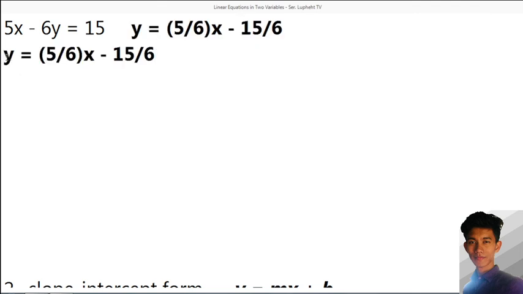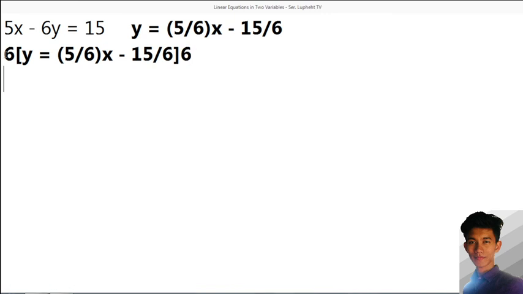So, kailangan natin i-multiply sila both sides by 6. No? Para mawala yung 6 sa slope at sa ating y-intercept. So, 6, then 6 din dito sa kabila. Okay? So, by simplifying, we will have 6y is equal to, so matitira na lang dito sa kabila is 5x, and then dito sa kabila matitira na lang ay negative 15.